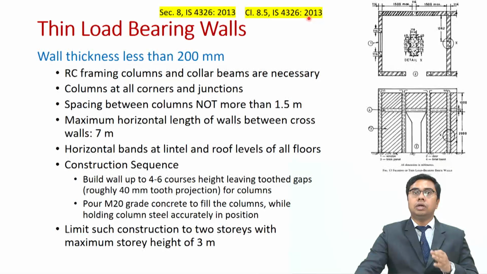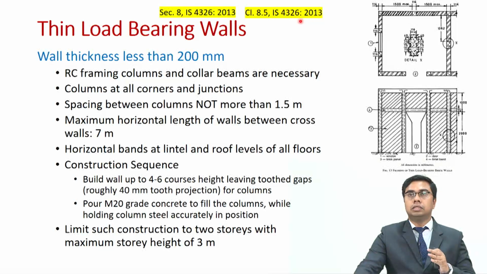Then I talked about thin load bearing walls earlier, that though we say that the walls have to be minimum 200 millimeters thick, sometimes due to architectural concerns you may not build a wall which is more than or equal to 200 millimeters. In that case, we need to provide RC framing columns and collar beams. So, what are these columns and beams that we need to provide?